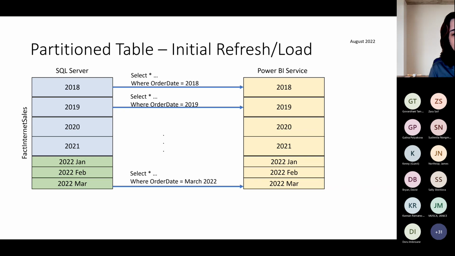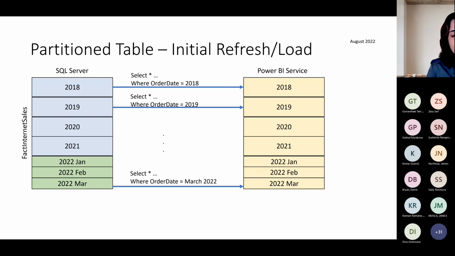Now, this is good because if your backend can handle parallel queries, more than one query, which typically is the case if your backend, for example, is SQL Server, then even your one-time load is going to be faster, especially if your backend is partitioned in a similar way, or at least if you have indexes in place and your statistics up to date, so it can hit just the right data.